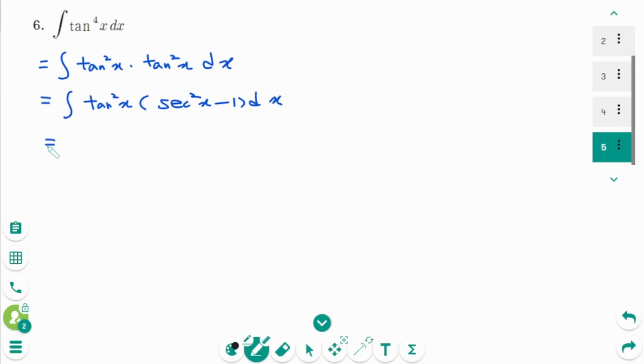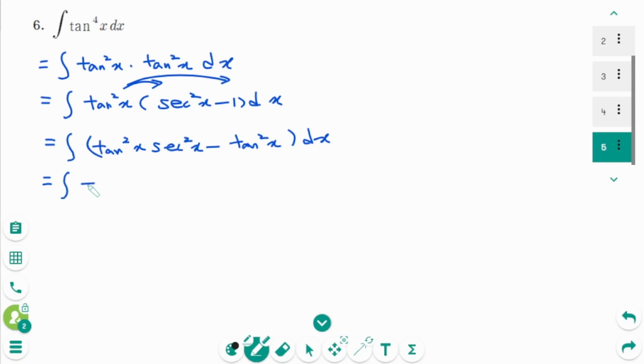Then expand the first one, tangent squared x secant squared x minus tangent squared x dx. Then rewrite as two integrals, integral of tangent squared x secant squared x dx minus integral of tangent squared x dx.